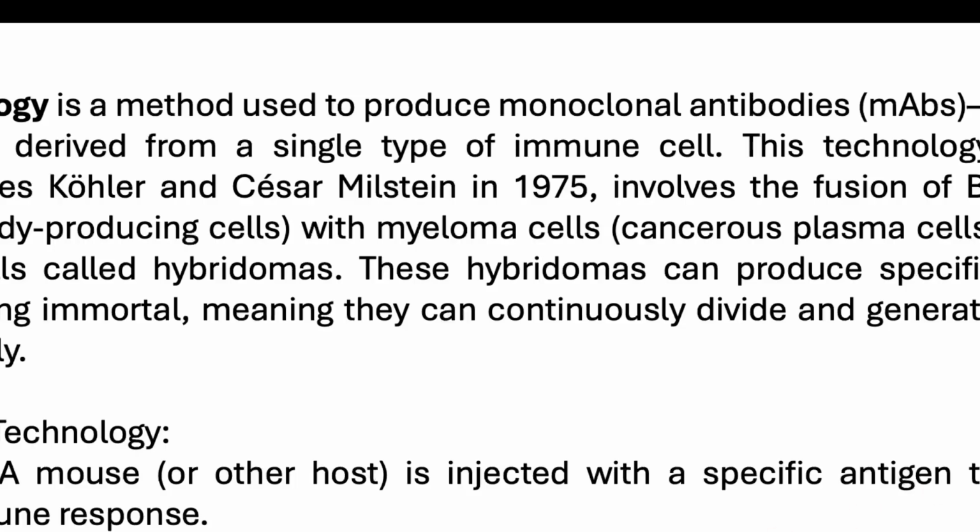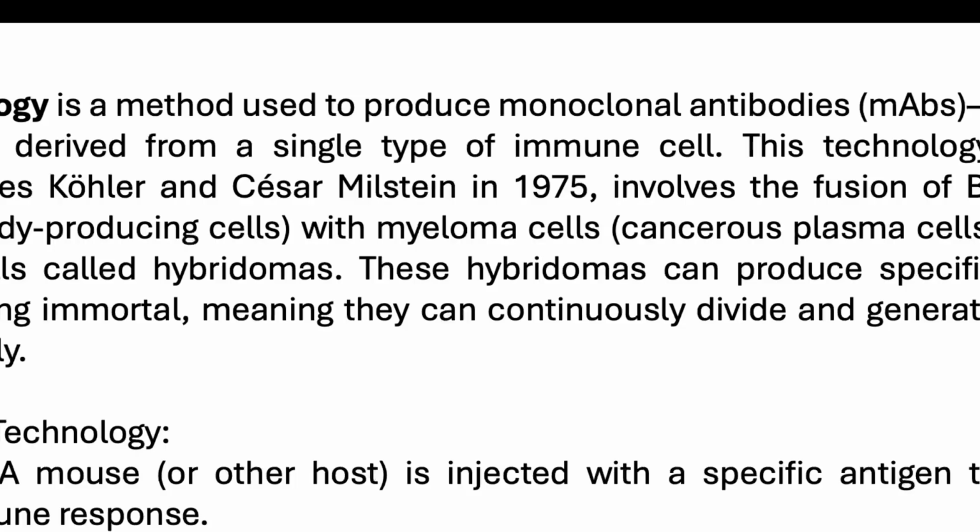The B cells are fused with the myeloma cells, cancerous cells, using PEG to form hybridomas. So now we have these hybrid cells. Now we will select them, selection of hybridomas. Now which hybridoma really has the antibody of our interest, the antibody which recognizes our particular antigen? To screen that, the mixture is cultured in HAT medium.